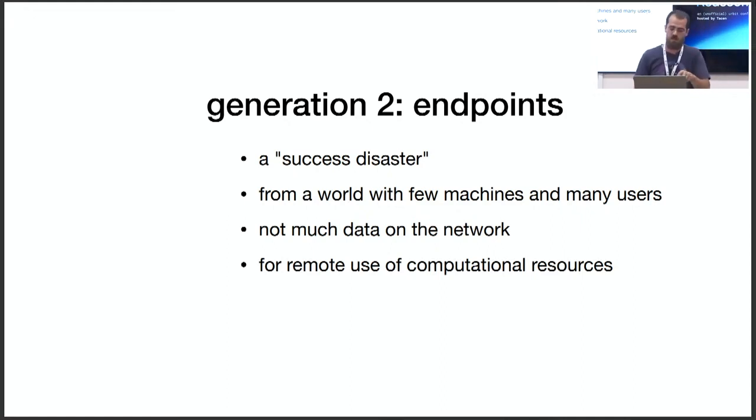This system was modeled and built in a world with few machines and many users for each machine. There wasn't really data on the network to speak of. The primary use case that was envisioned was remotely using computational resources. We're in Wyoming, but the University of Arizona has a computer that fills 15 rooms, and we'd like a couple of flops.